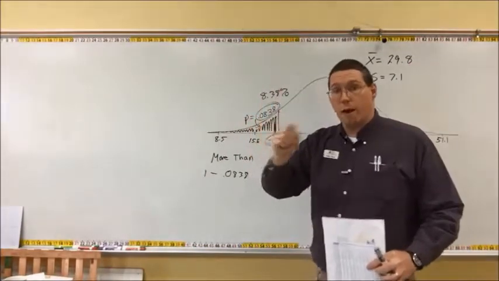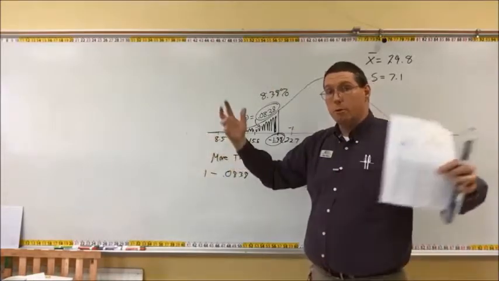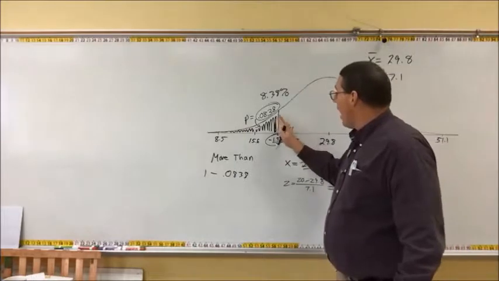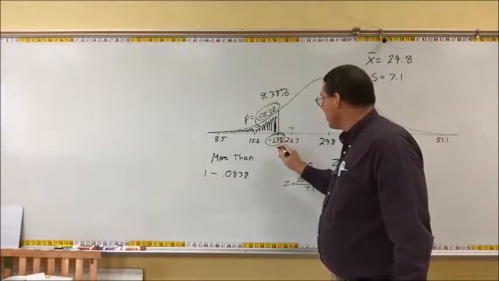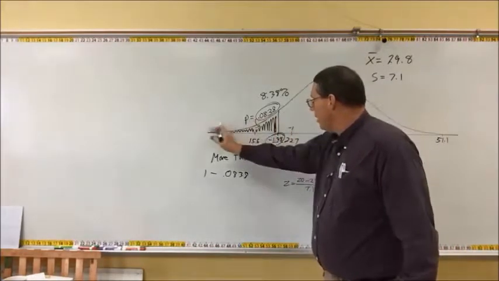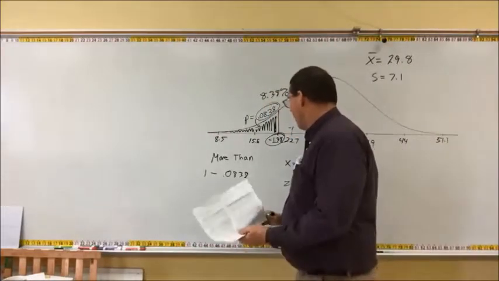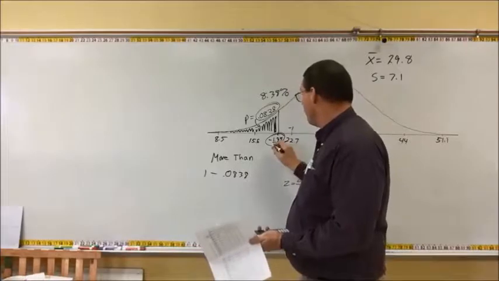It's one curve, right? And the whole thing is 1. If you include the whole thing, that's one thing. And then you subtract the part that is less than negative 1.38, leaving what is more than negative 1.38, okay? The z-score of negative 1.38.